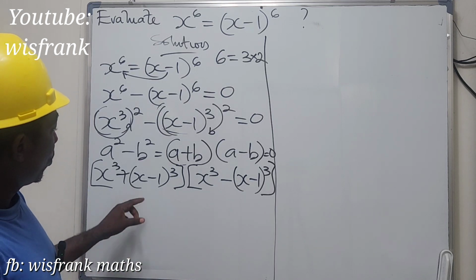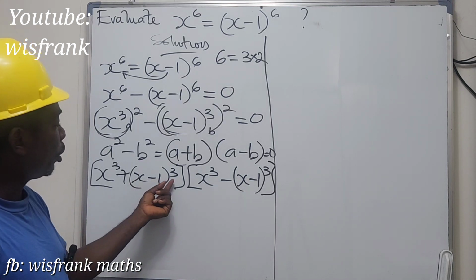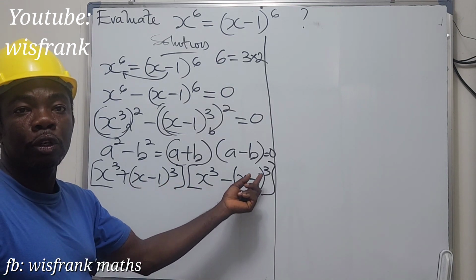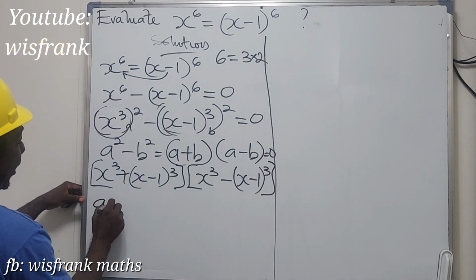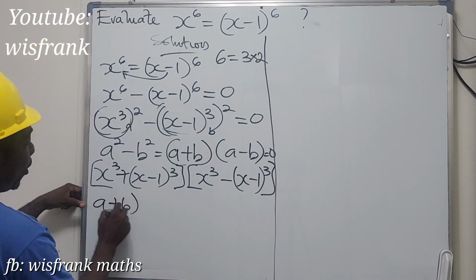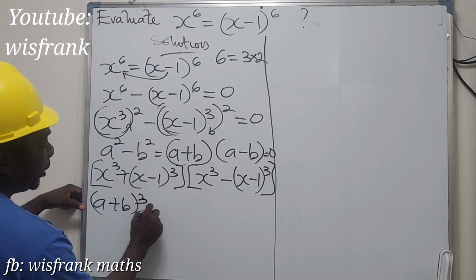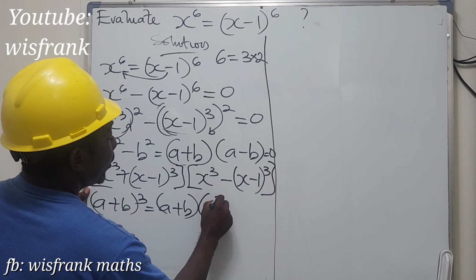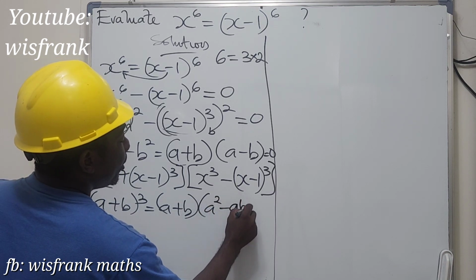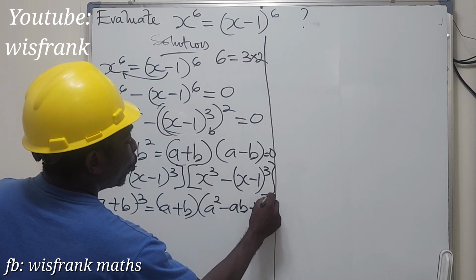So in that case, we have x minus 1 to the power of 3 and x minus 1 to the power of 3. We also recall that a plus b all to the power of 3 is the same thing as a plus b into a squared minus ab plus b squared.